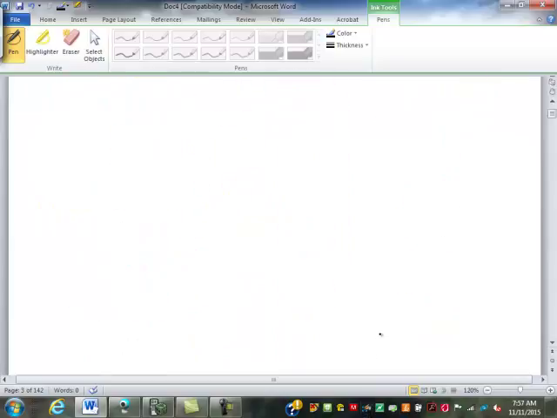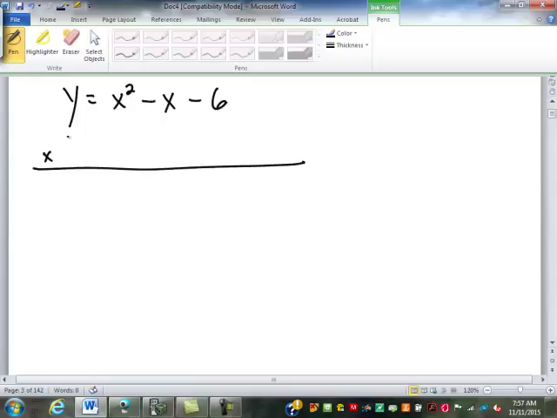We could run into something like this. Or this, -6. Now, when we're doing these, we're just going to try some points for x.